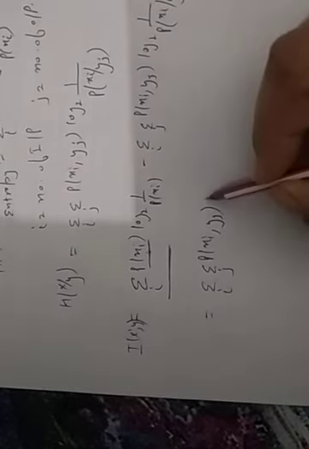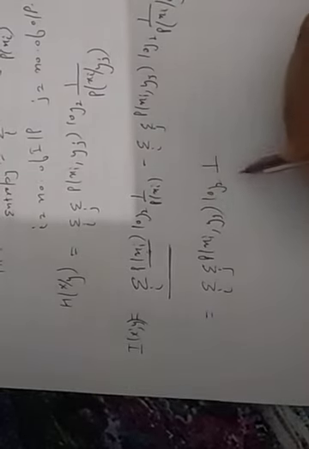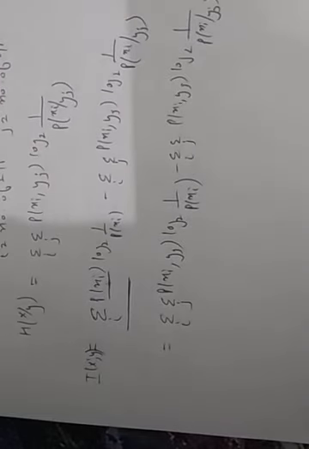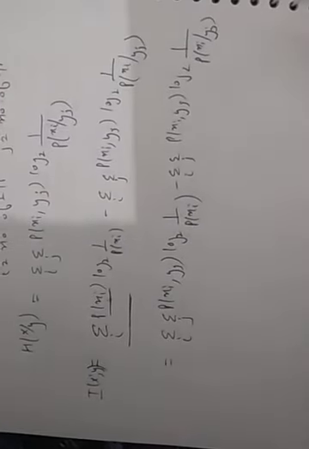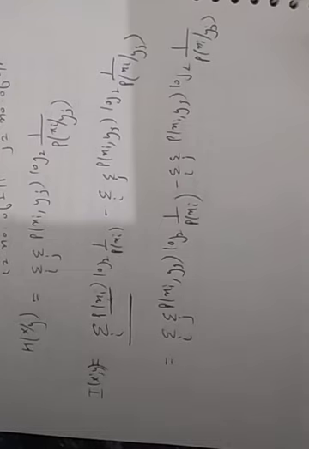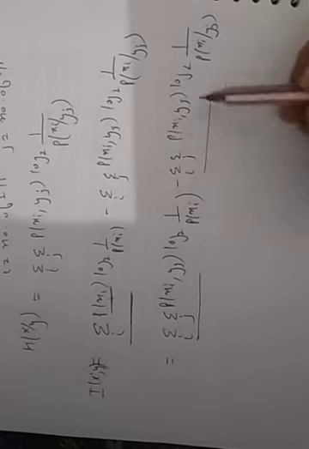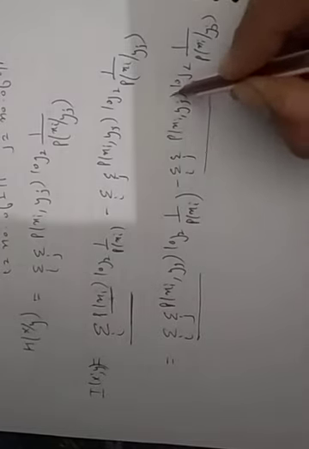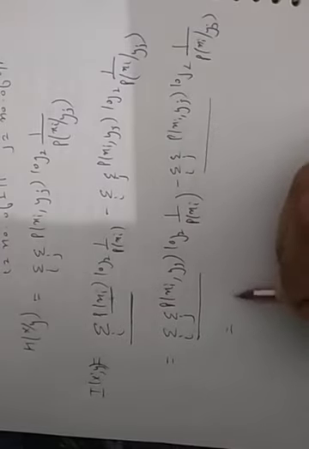Okay? Into log base 2 1 by p(xi), minus summation over i, summation over j of p(xi, yj) log base 2 1 by p(xi/yj). Rest all the things are the same. So now in both the places p(xi, yj) is the same, so we will take it common.